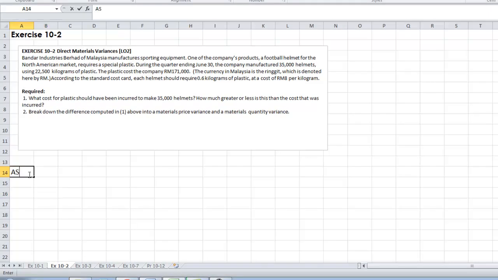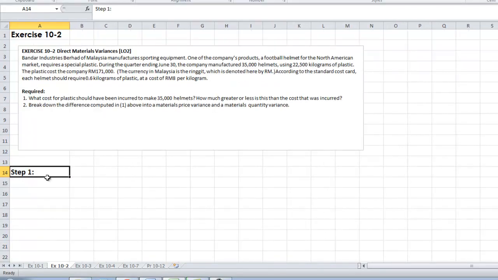Okay, step 1. We need to figure out what should have been incurred before we can figure out what the variance is. So, number of helmets: it was 35,000.